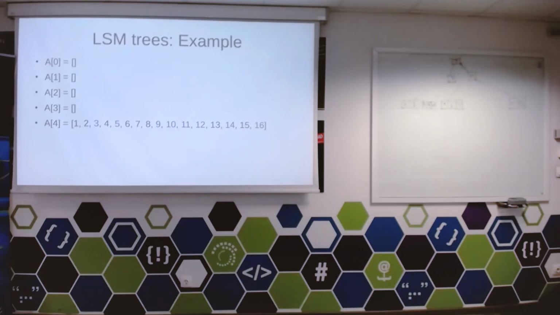Some other things you could do to speed LSM trees up is to have more than one array of the same size. And when you have too many arrays of a given size, then you merge all of them together using the multiple-way merge algorithm we talked about. Alternatively, you could have them grow faster than a factor of 2. But querying LSM trees is more complicated, because instead of having to do a single log n-ish lookup in a single array, you have to do multiple lookups.